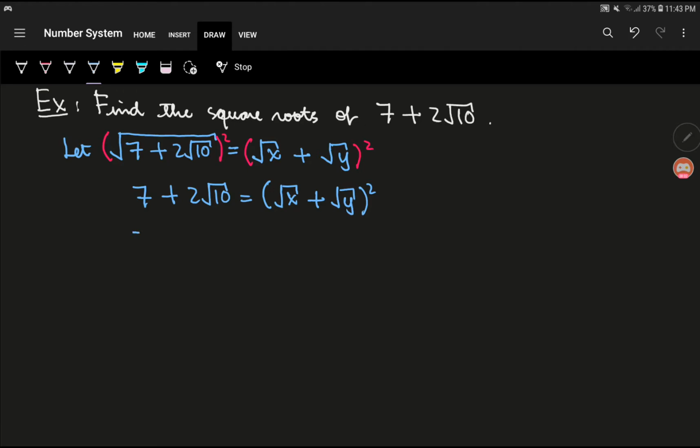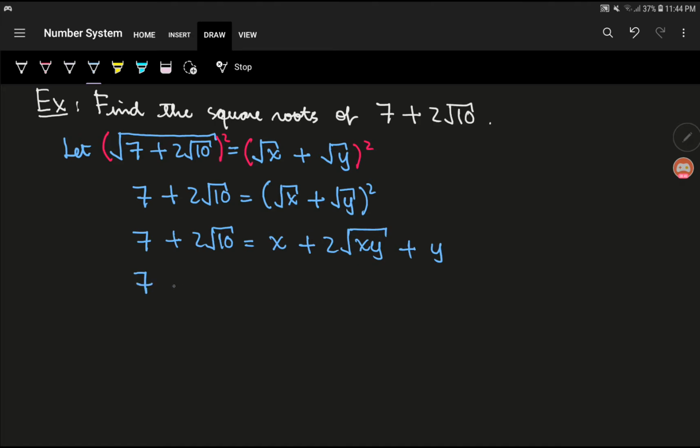What we have here is 7 plus 2√10 equals x plus 2√(xy) plus y. Here I skipped some steps, so you can try to figure out the steps that I left out to get this. I think it is better if I rearrange it here.